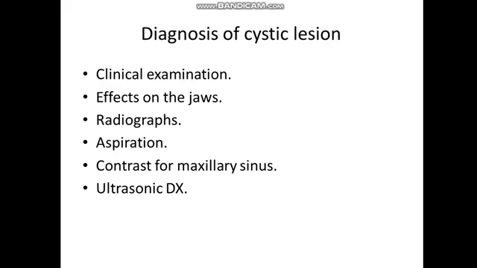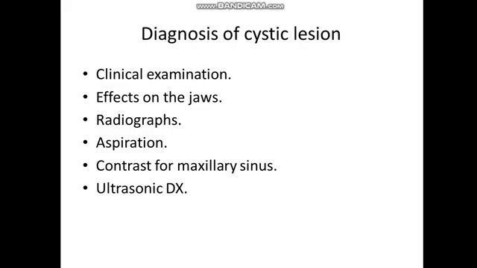Here I have to mention the radiographical feature of the cystic lesion of the jaw. It usually appears as unilocular or multilocular radiolucency, surrounded by a radiopaque line. The radiopaque line will be discussed later on.